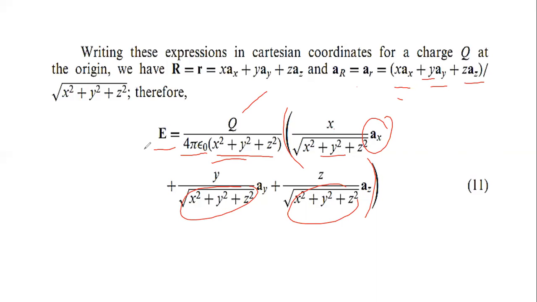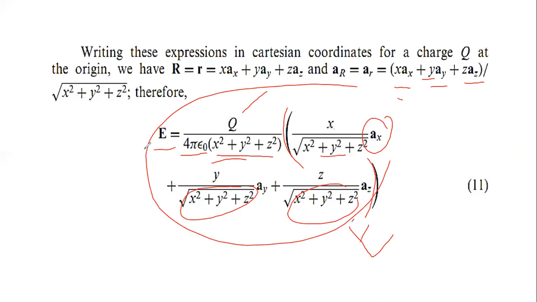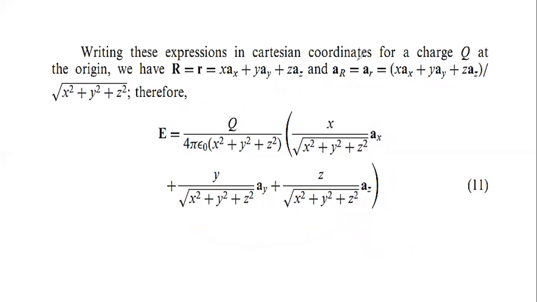From this same equation we can find out Ex, Ey and Ez as well. Like Ex will be equal to q divided by 4 pi epsilon naught, x square plus y square plus z square into this term.